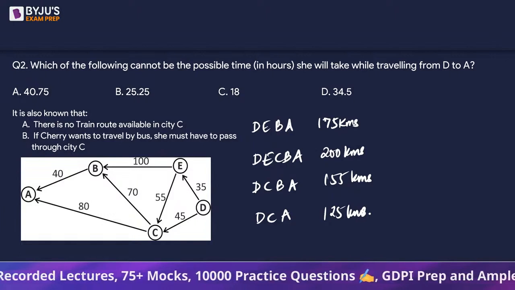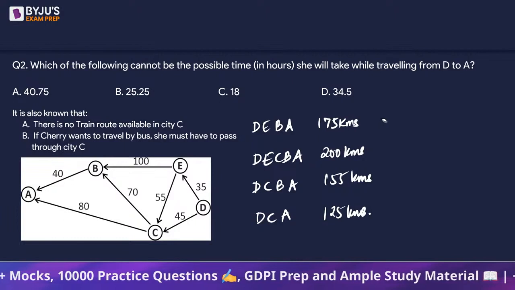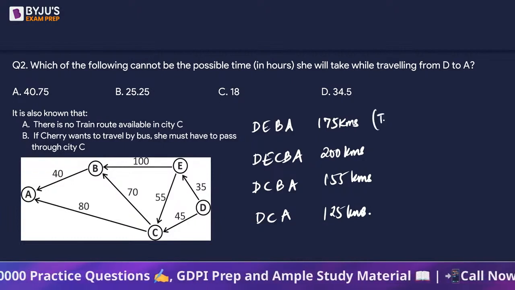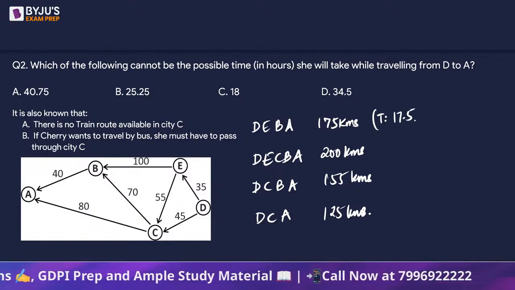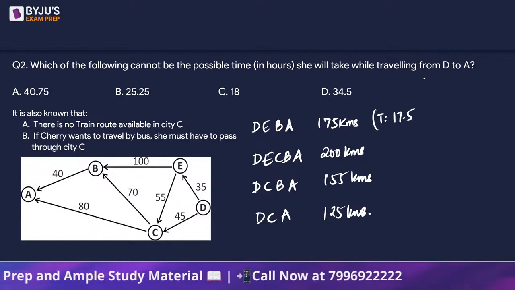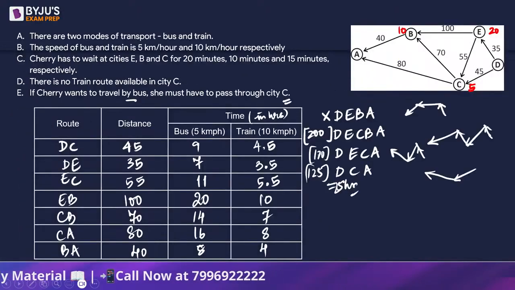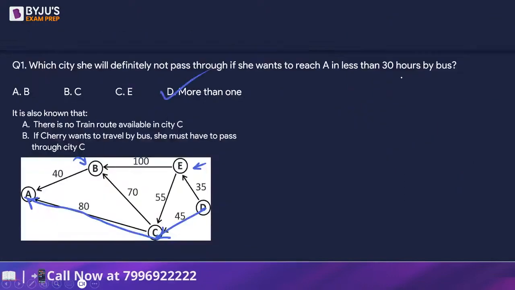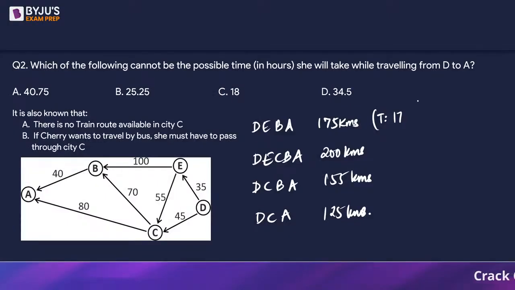If it takes the entire journey by train, it is going to move at the speed of 10 kilometers per hour. So it's going to take 175 by 10, which is 17.5 hours. Plus, there is going to be another, it was how many minutes? 20 minutes at E and 10 minutes at B. So 17 hours, 30 minutes.